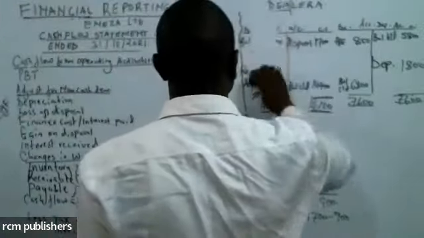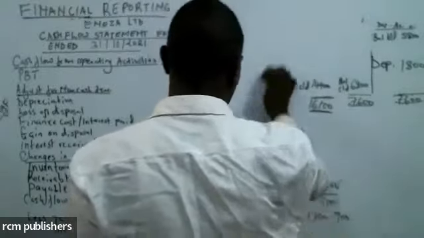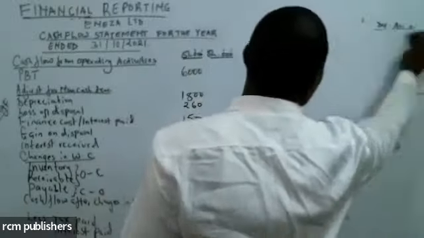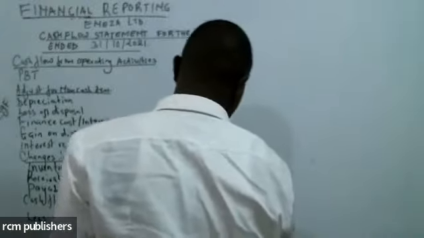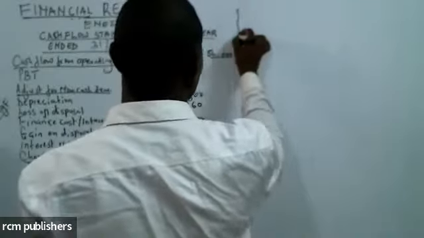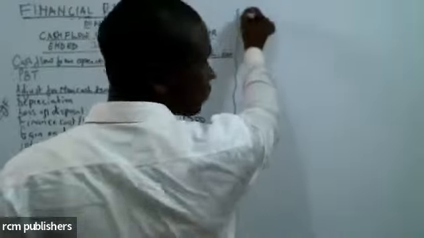from operating activity, net cash flow from operating activity, as we are having 2560. Net cash flow from operating activities, as we are having. So we shall have this.